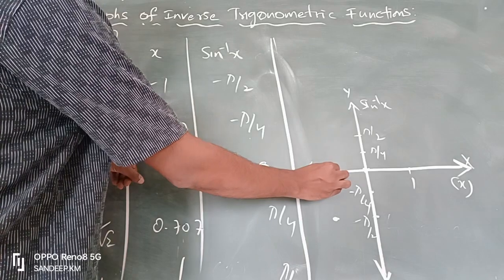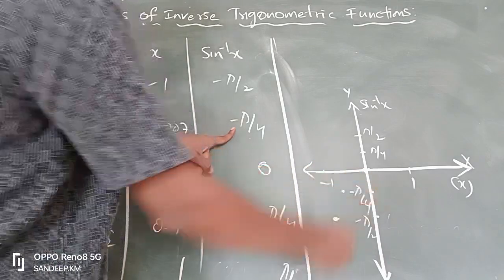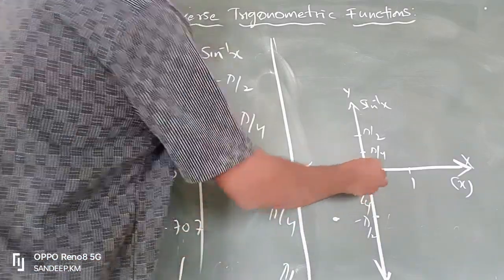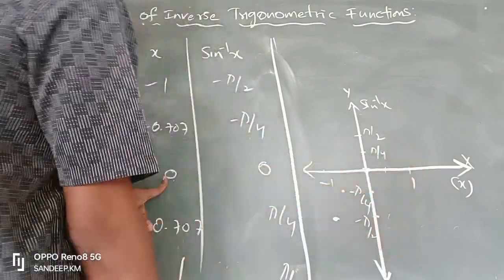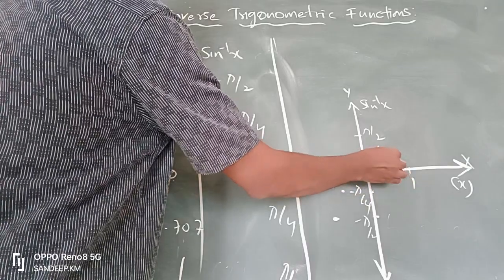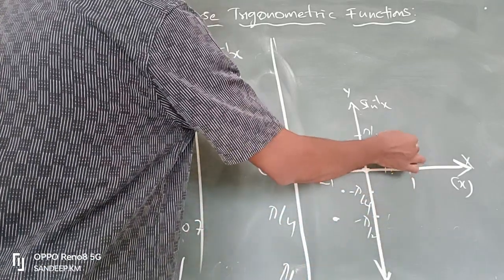When input is minus 0.7, the output will be minus pi by 4. When input is 0, output is 0. Sin inverse of 0 will be 0. And this is 0.5, this is 0.7. When input is 0.7, the output is pi by 4. And when input is 1, the output is pi by 2.